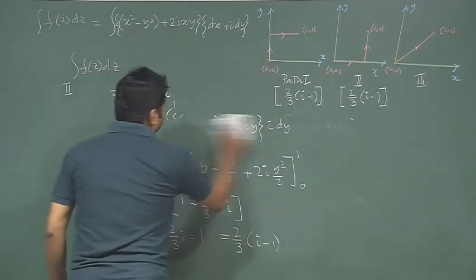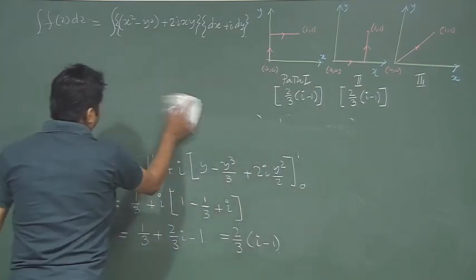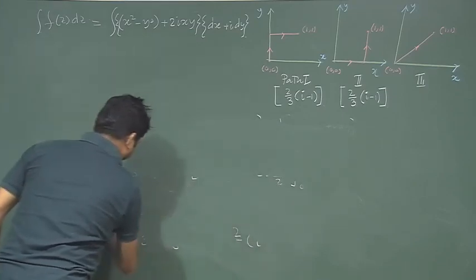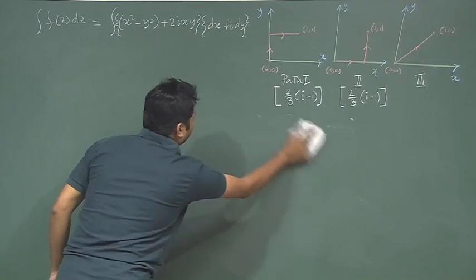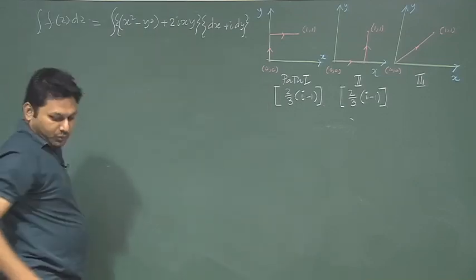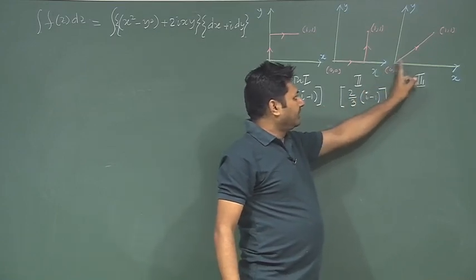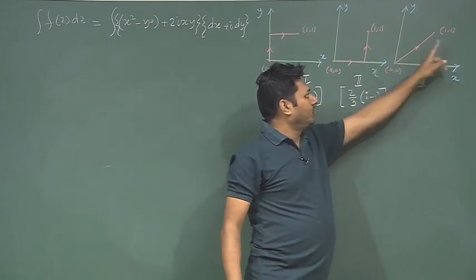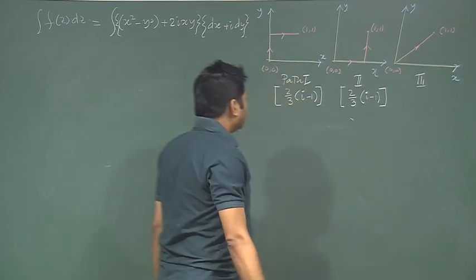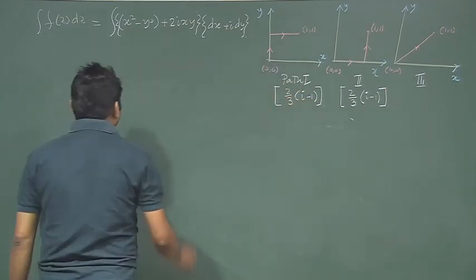So, let me do that also. Okay. In the last path, if you see carefully, it is going from 0 0 to 1 1, and the relationship between x and y is simply x is equal to y.